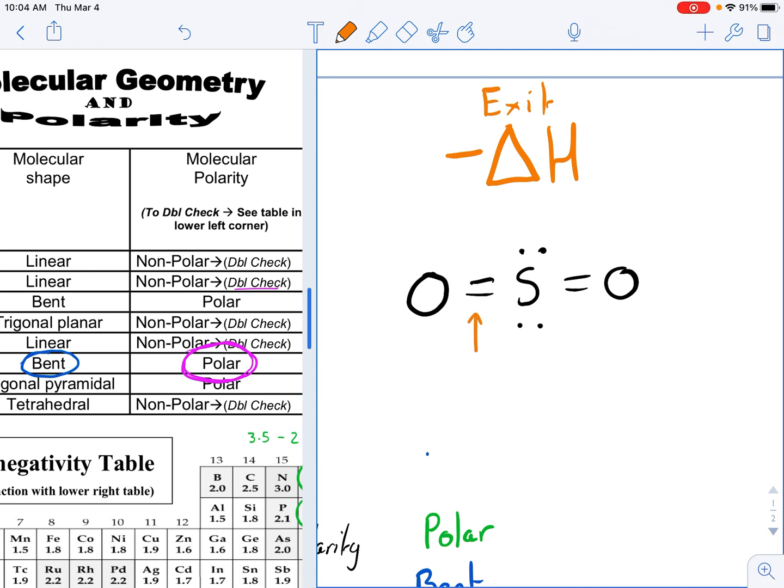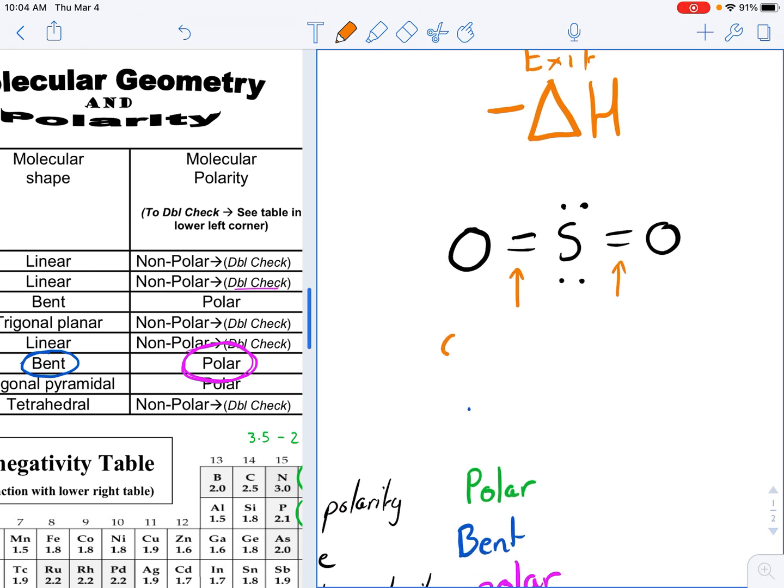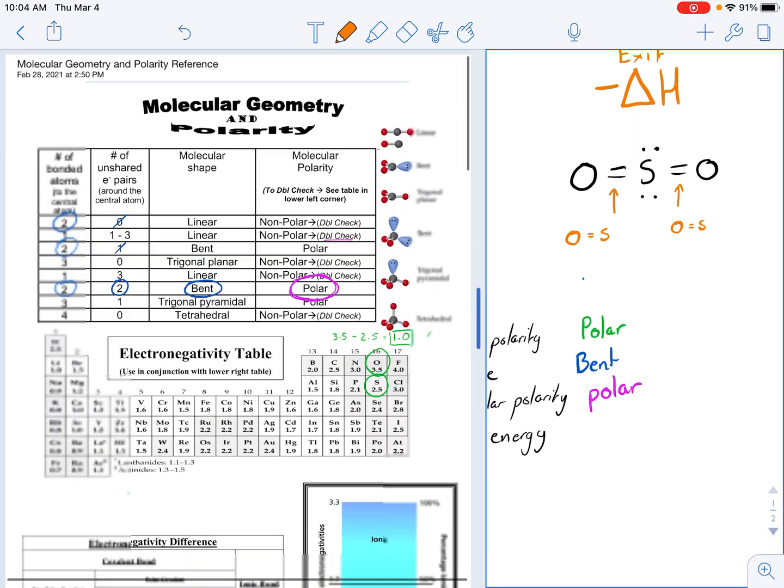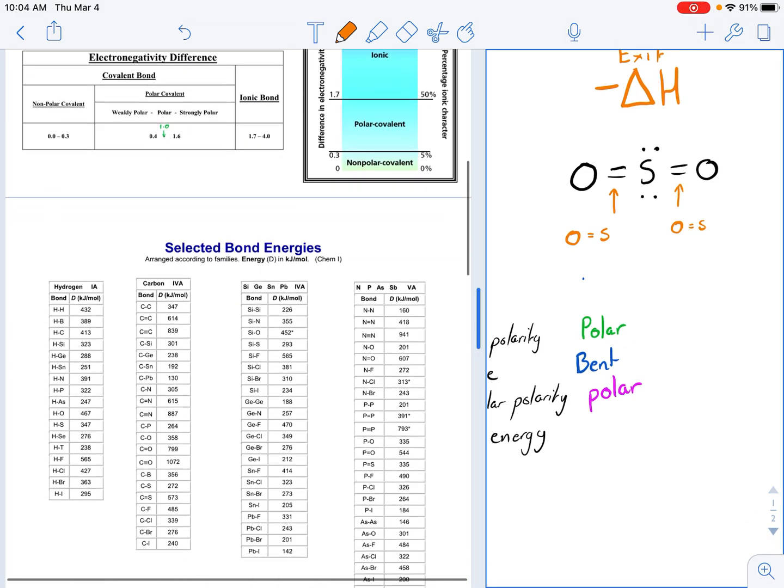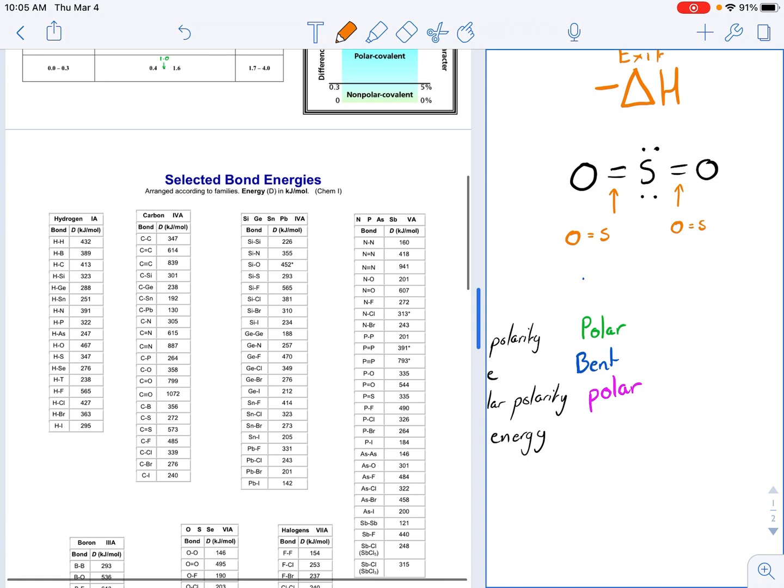Well, there's bonds here and there's bond here. This is an O double bonded S bond, and the one on the right is the same thing. It's O double bonded S. So I need to find O and S double bonded together on my reference page. So I'm going to open up my reference all the way down here to bond energies.